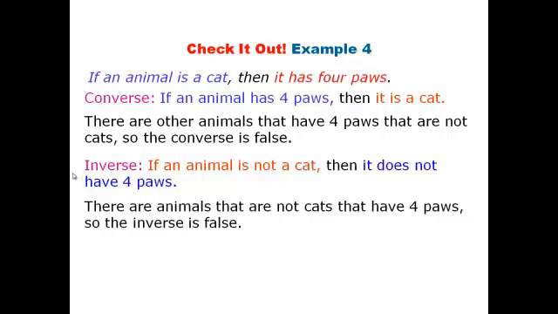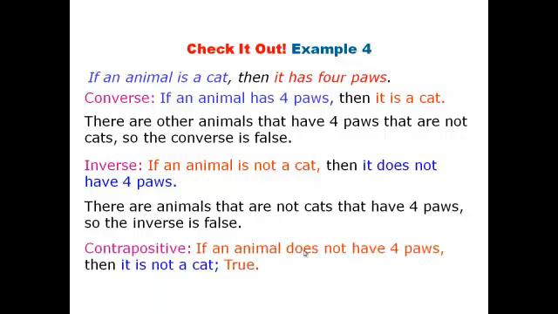And then our contrapositive is if not Q, then not P. So we're going to switch these and say not. So if an animal does not have 4 paws, then it is not a cat. And that's a true conditional statement.